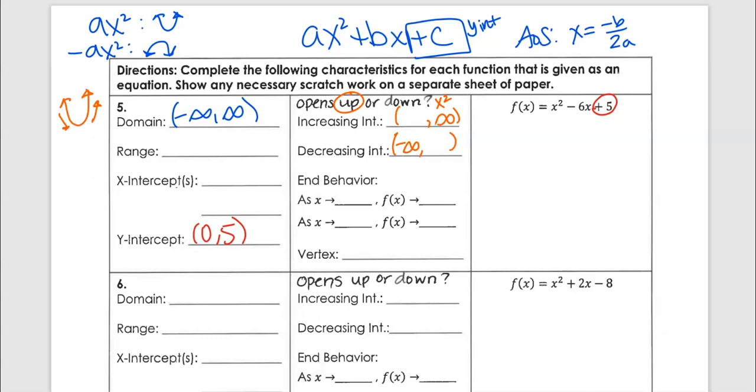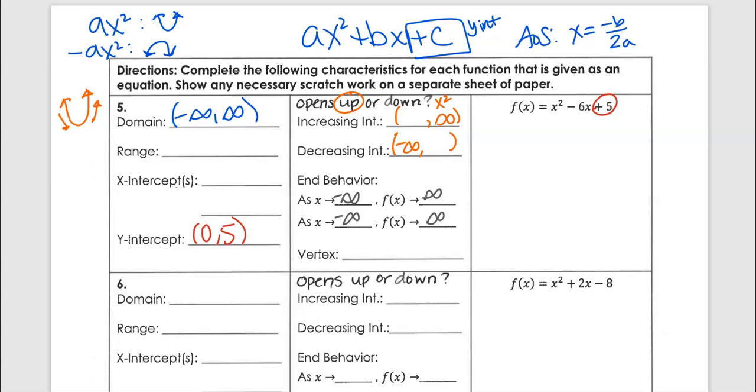We need my vertex. Can I do end behavior? Yeah, if I know it's opening up, then guess what both sides are doing? They're also both going up. All right, so we can get all of that just from the equation itself before we start doing any real algebra to it. Okay, we really need my vertex.